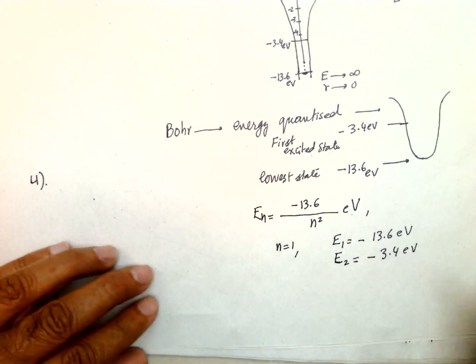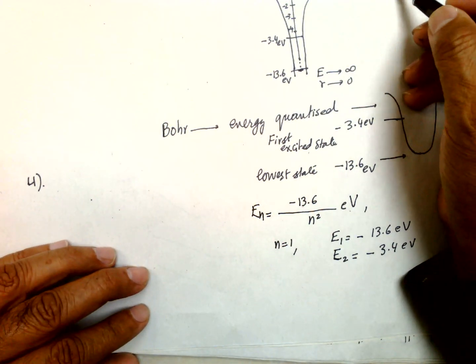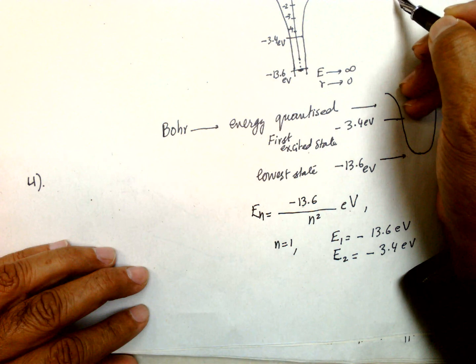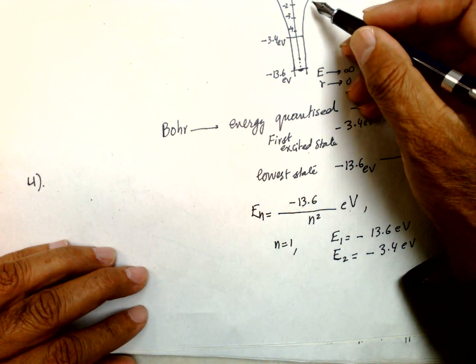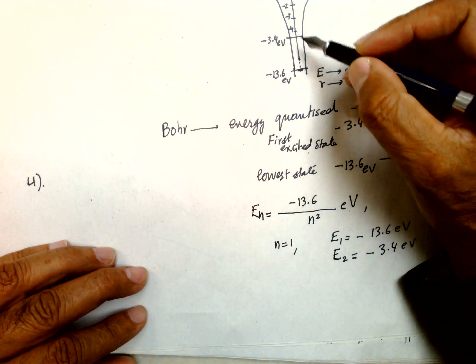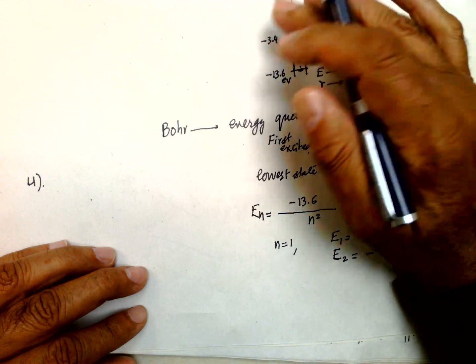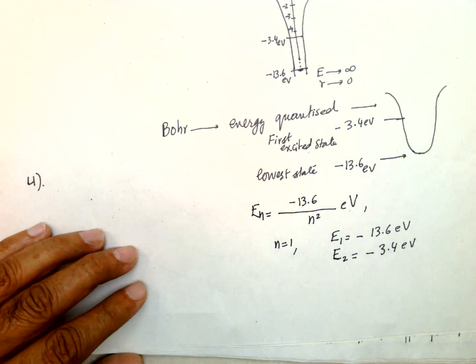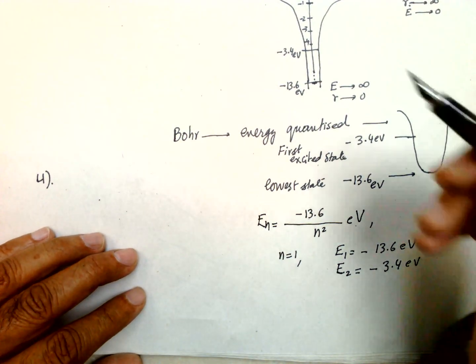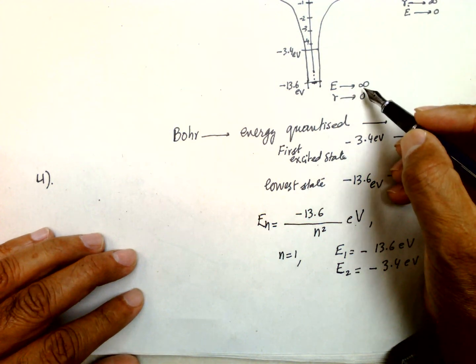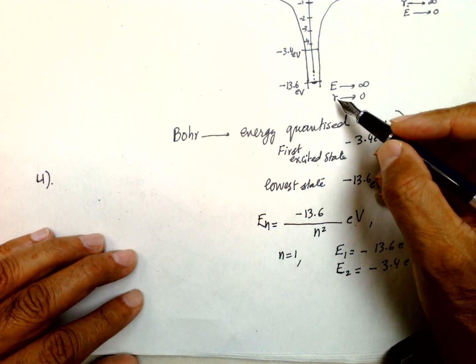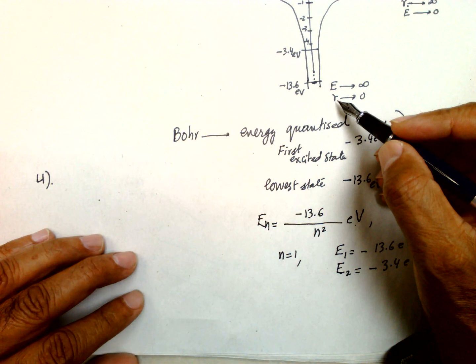At R infinity, energy is equal to 0. It goes asymptotically in both positive and negative displacement directions. So E is infinity when R is equal to 0, where Coulomb's law doesn't hold.